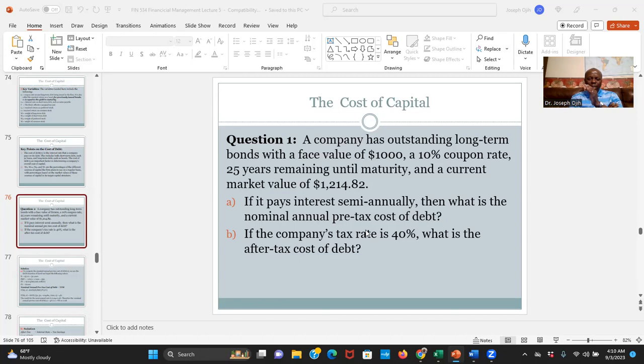If it pays interest semi-annually, meaning twice a year, then what is the nominal annual pre-tax cost of debt? If the company's tax rate is 40%, what is the after-tax cost of debt?